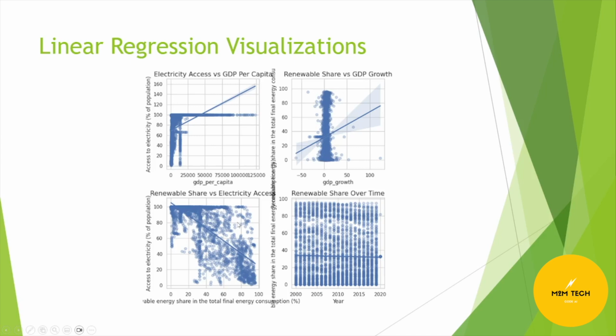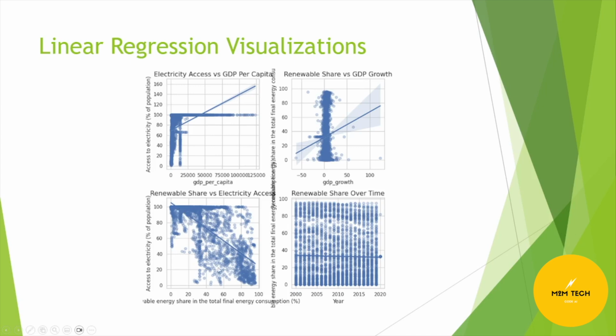And then the third one is when comparing the renewable energy share in the total final energy consumption to electricity access, most do not have renewables in that renewable metric, as indicated by most of the bubbles being up in this top corner here.